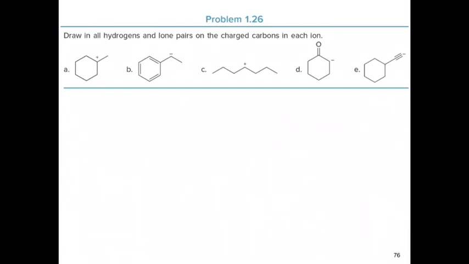Here's practice problem number 26. Draw in all hydrogens and lone pairs on the charged carbons in each ion. So if you remember, a carbon with a positive charge has one less bond and 0 lone pair.